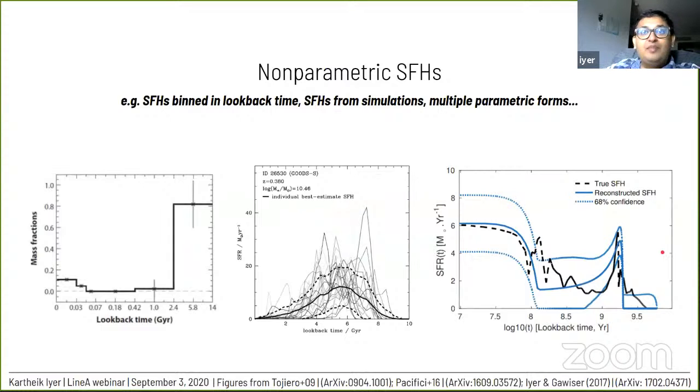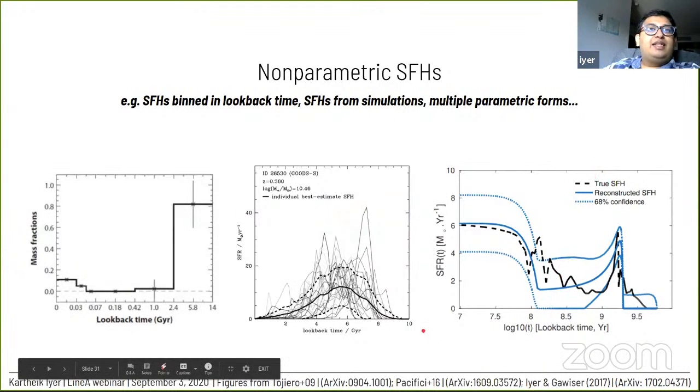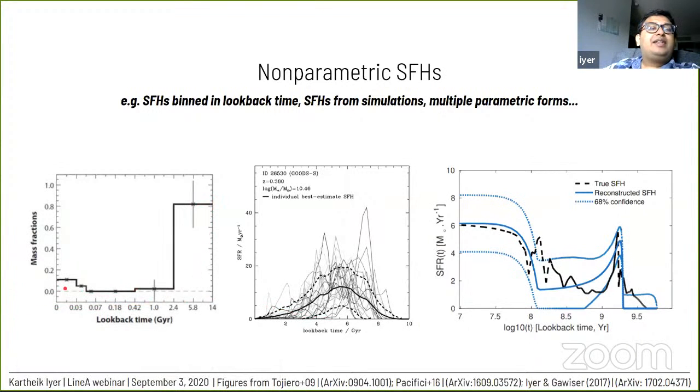Non-parametric star formation histories are models of star formation histories that don't assume any specific parametric form for the star formation history. So they can take whatever shape they want, and this shape is determined purely from the data. And there's many different ways of implementing non-parametric star formation histories.